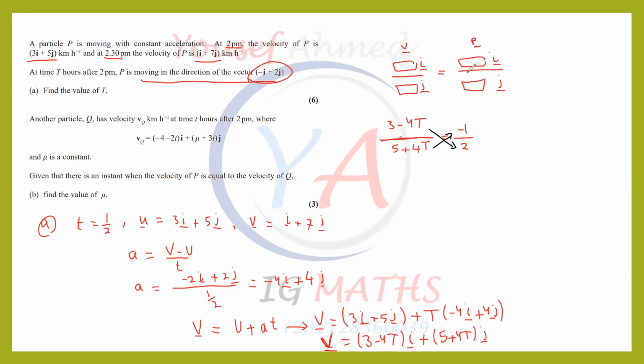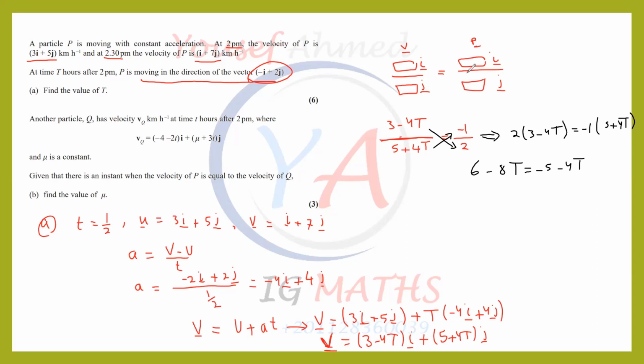It will be 2 multiplied by 3 minus 4t is equal to negative 1 multiplied by 5 plus 4t. So it will be 6 minus 8t is equal to negative 5 minus 4t.